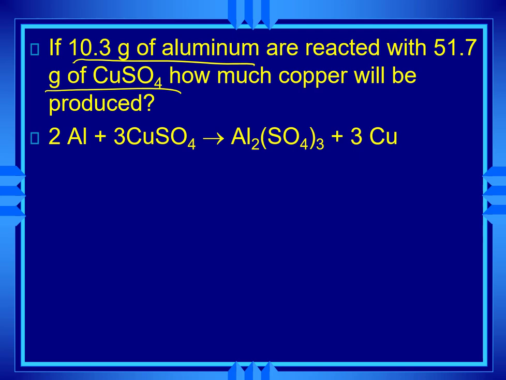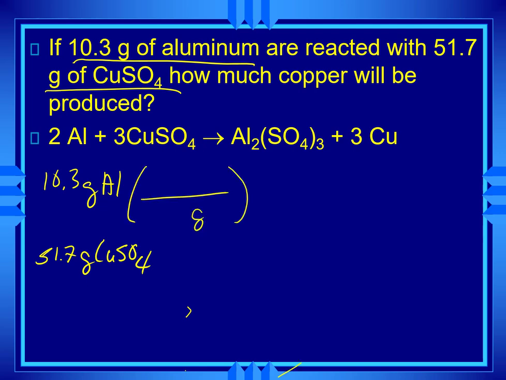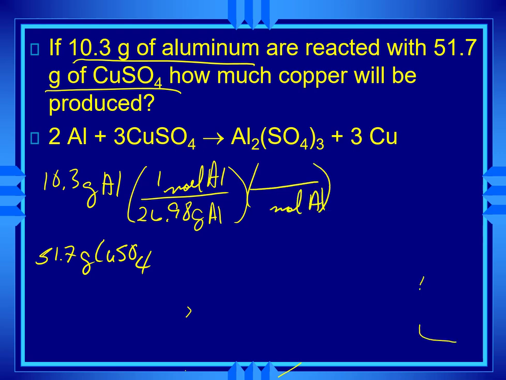Okay. So I'm going to take my 10.3 grams of aluminum, and I'm going to take my 51.7 grams of copper 2 sulfate. And I'm going to turn them both into copper. So I want to get rid of grams of aluminum, change it to moles of aluminum. 1 mole is 26.98 grams. Then I'm going to change moles of aluminum to moles of copper.